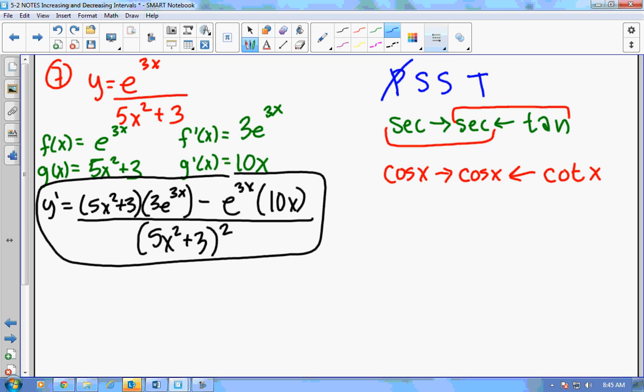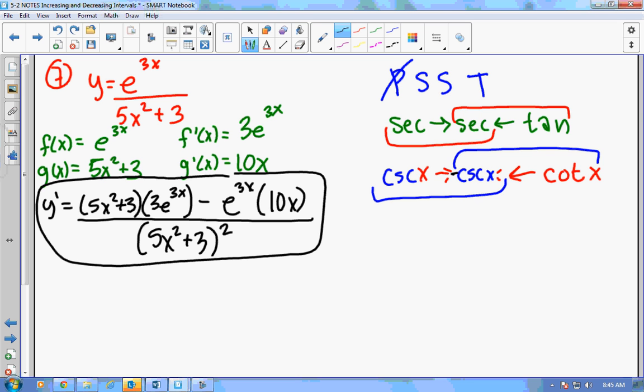The derivative of cosecant is negative cosecant cotangent. Derivative of cotangent is negative cosecant squared. Okay? Maybe that will help you.